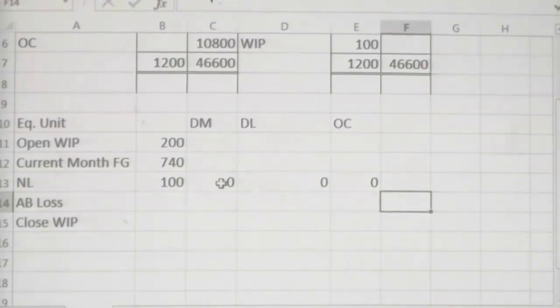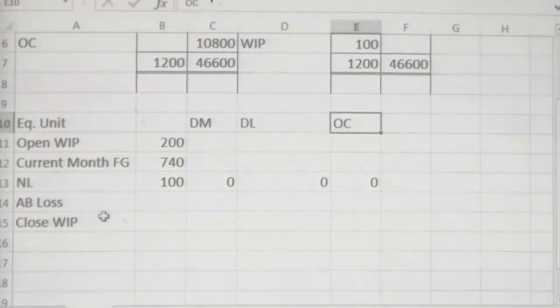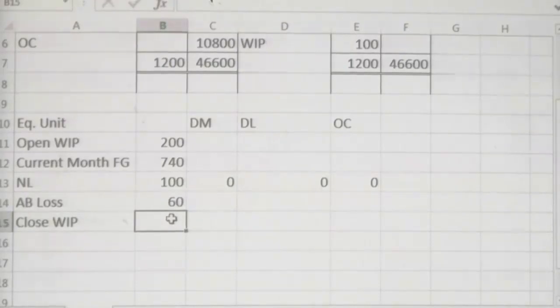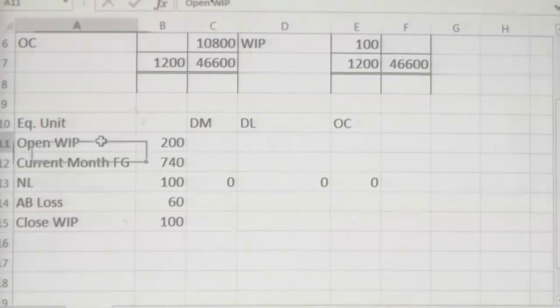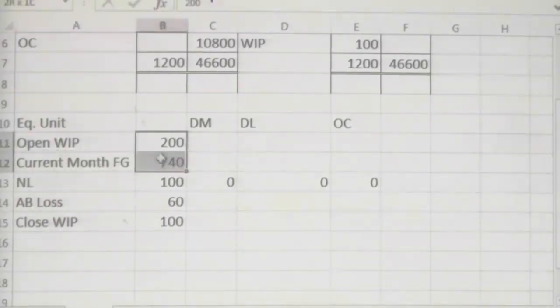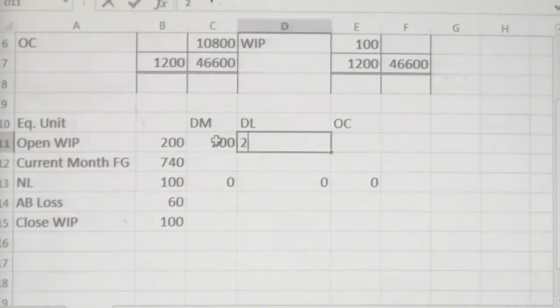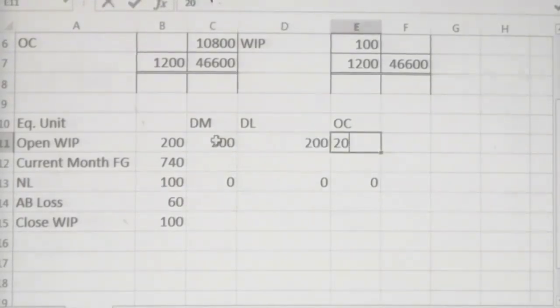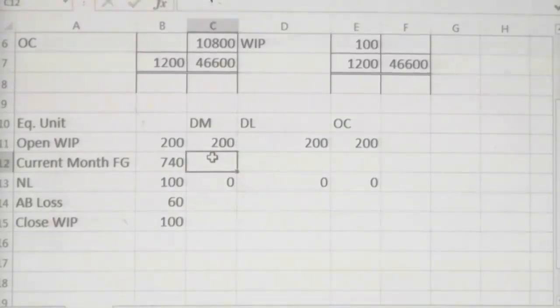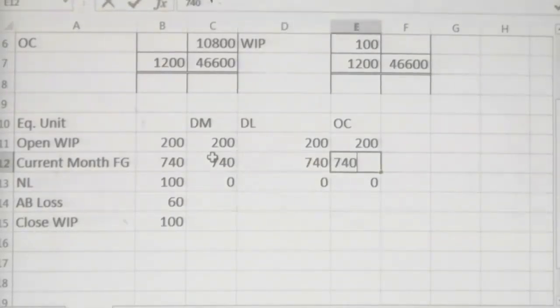So you are not taking values for normal loss for direct material, direct labor or other cost. Then abnormal loss 60 units and closing work in progress 100. Opening work in progress and current month are both 100% completed, therefore you can take the same numbers in each cost category.